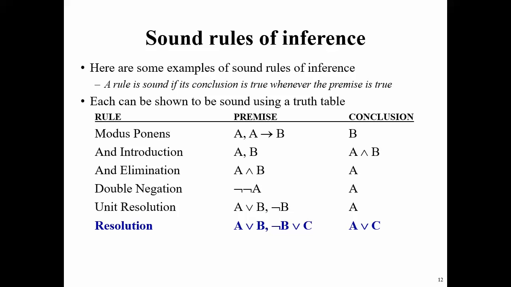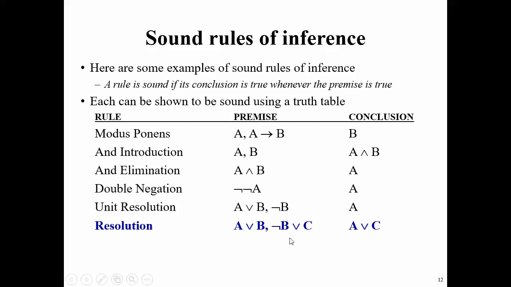So, modus ponens and introduction. Modus ponens is represented in the form: if A and A implies B, then the conclusion is B. These are some of the inference rules: modus ponens, introduction, elimination, negation and resolution.